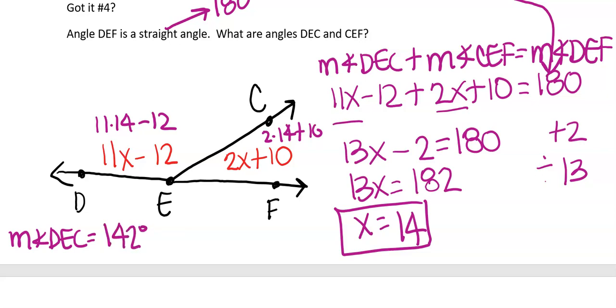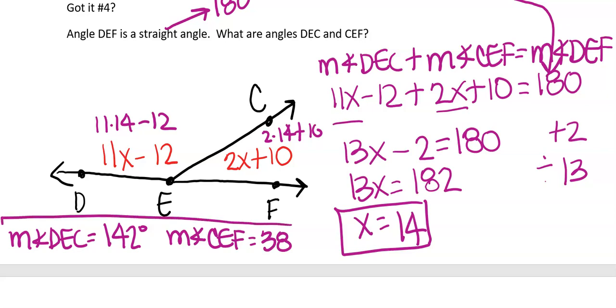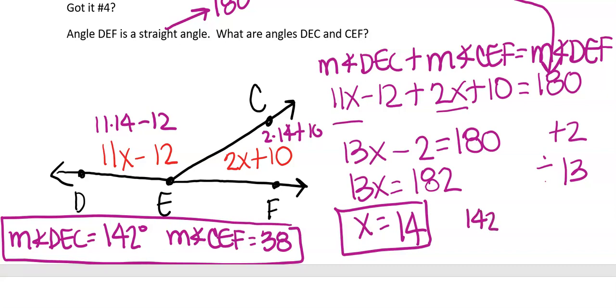That does make sense because it looks like an obtuse angle. Then the measure of angle CEF would be 2 times 14, which is 28, and 28 plus 10 would be 38. If we add the two together, they should equal 180. So 142 plus 38 does equal 180. So we should have it, which is what it told us to do.